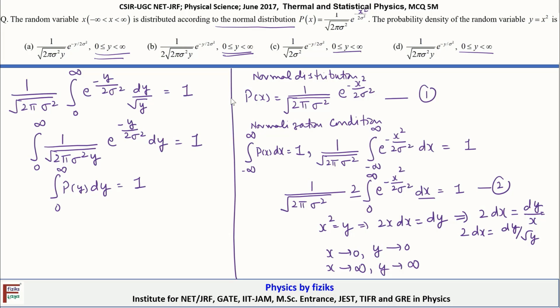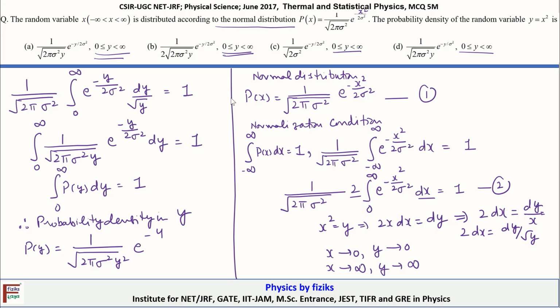So therefore the probability density in y is given by p(y) equal to 1 upon under root 2 pi sigma square y, exponential minus y upon 2 sigma square, with the limits of y lying between 0 to infinity.